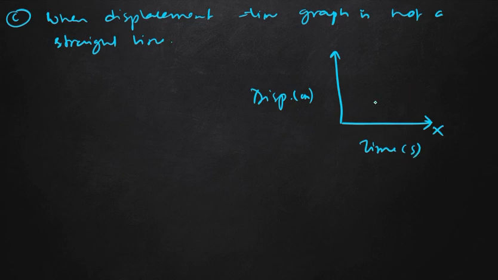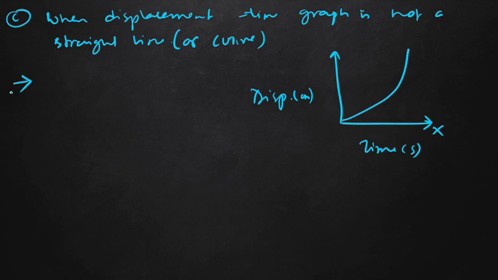The graph is a little bit curved, or we can take it like this. So if the displacement-time graph is not a straight line, you can say it is a curve.